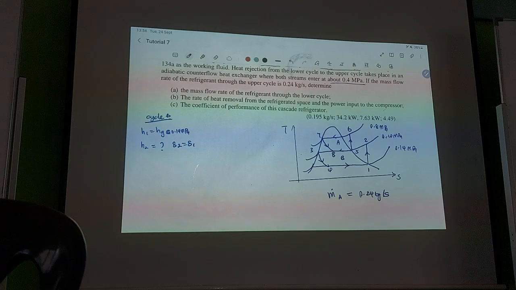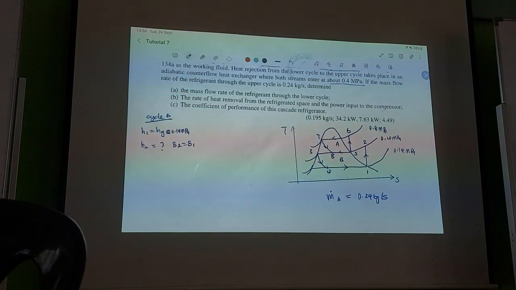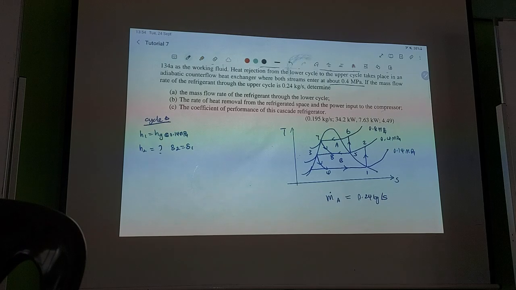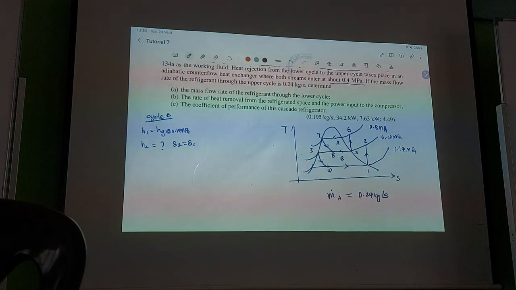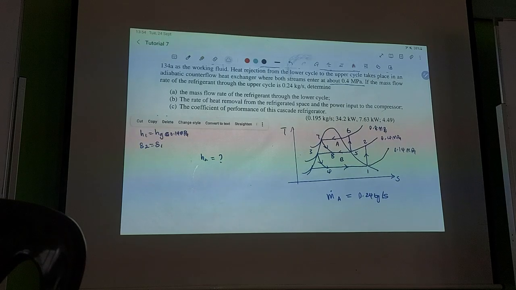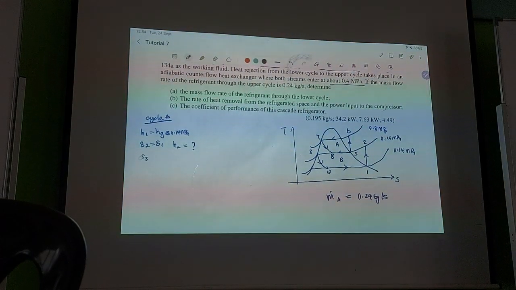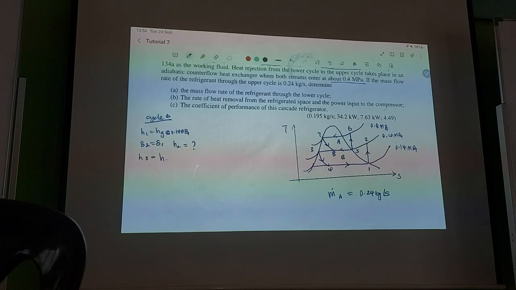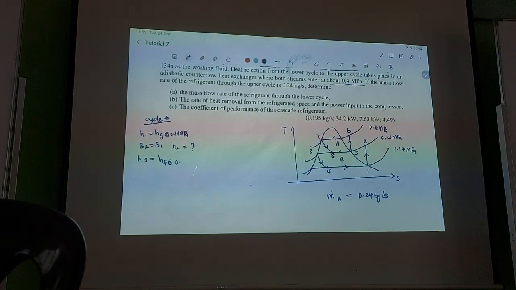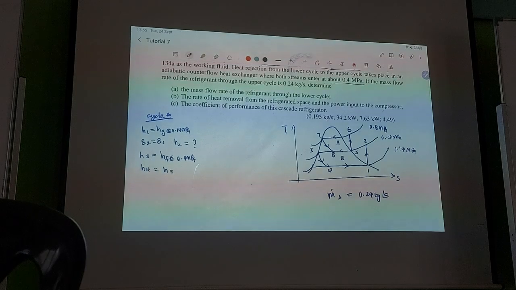You refer back to your notes, because for the ideal cycle it's all very straightforward. So you find S2 equals S1, then you can find H2. H3 is just Hf at 0.4 megapascal. Then H4 equals H3.